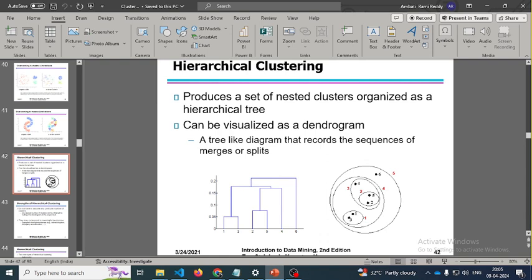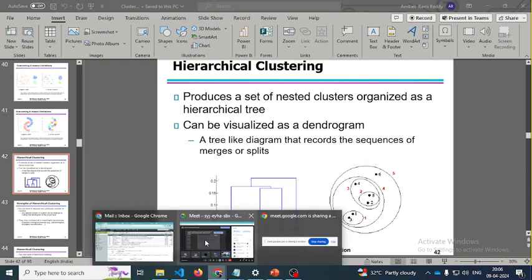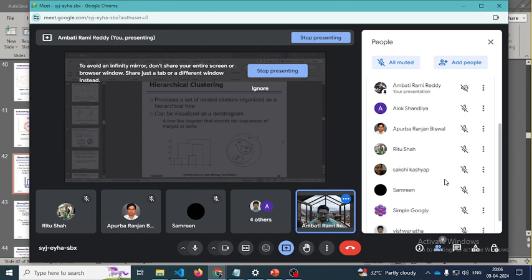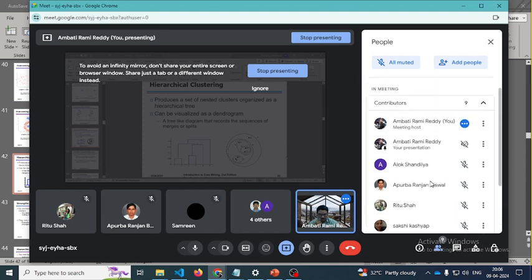See here, we discussed this initially: this is a dendrogram diagram. Can someone please say what kind of dendrogram it is? Is it traditional or non-traditional? Can you remember these diagrams? Someone please respond in chat also.